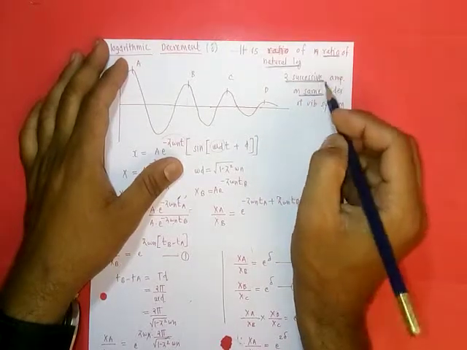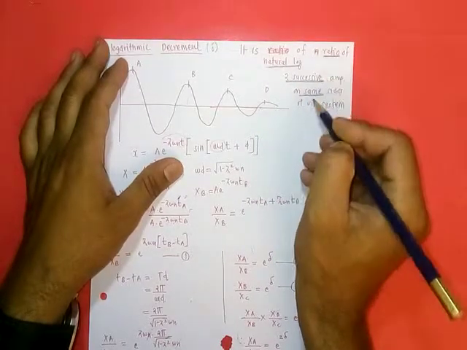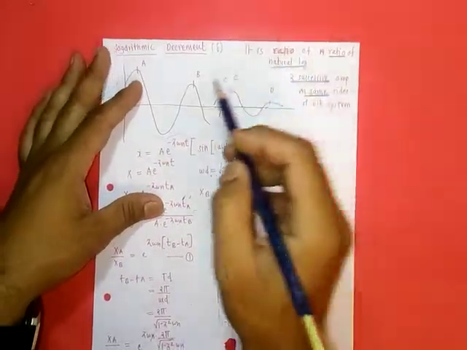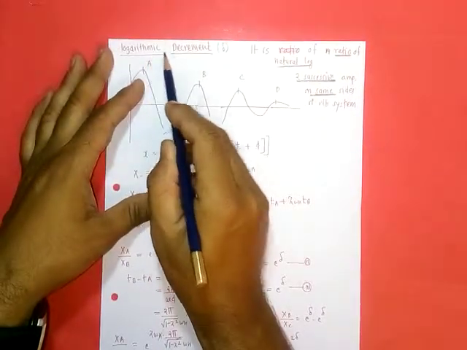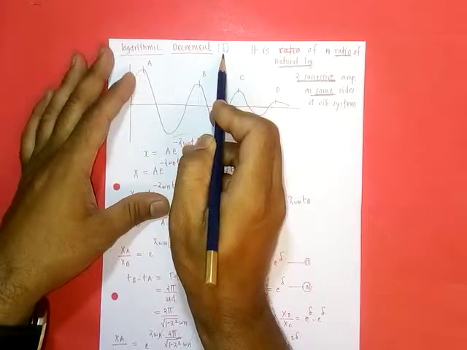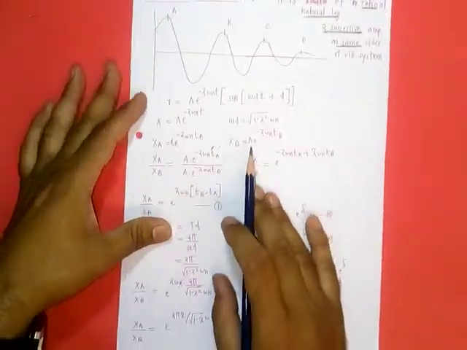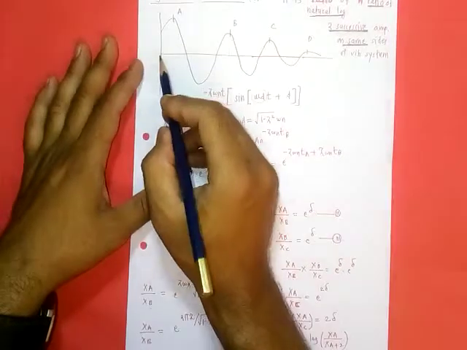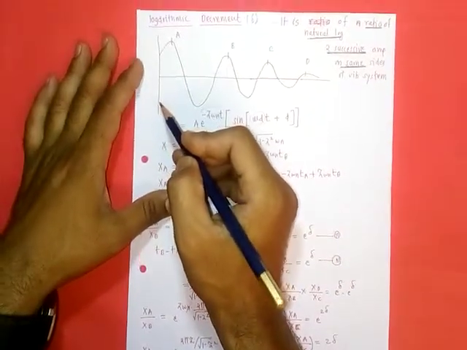And if we take the log of this ratio, then this log is called the logarithmic decrement, and it is denoted by the symbol del.